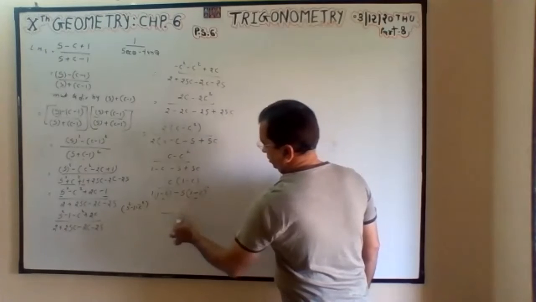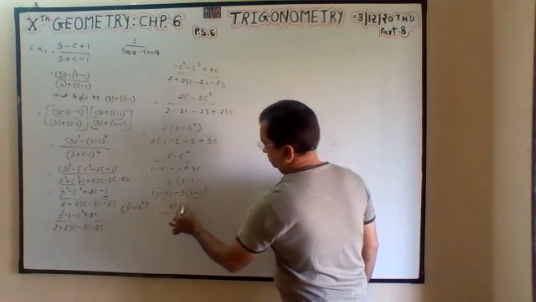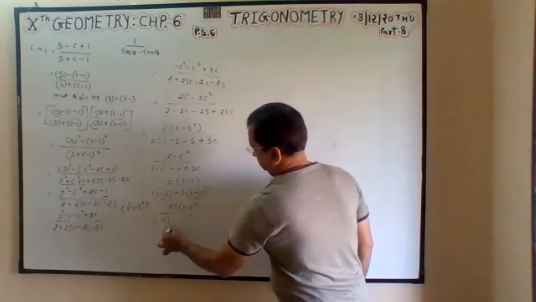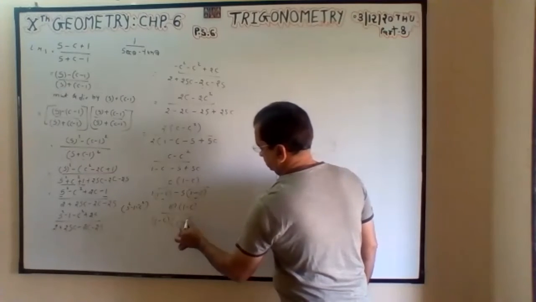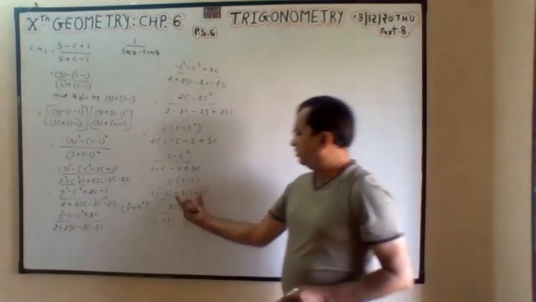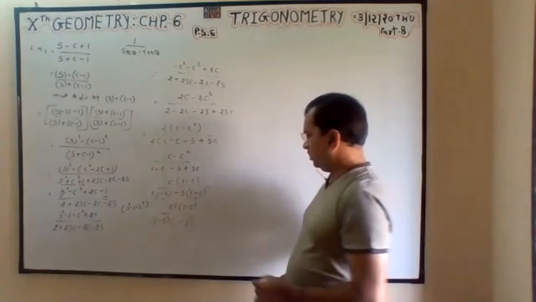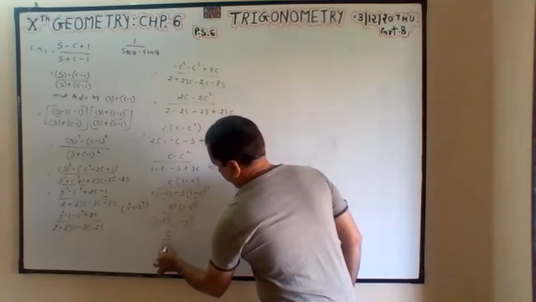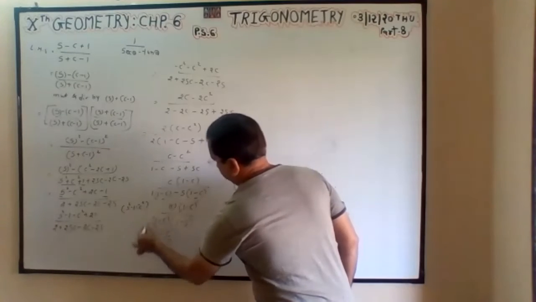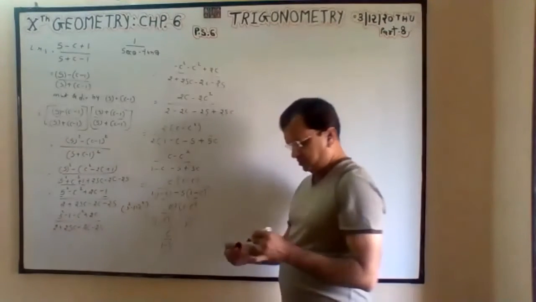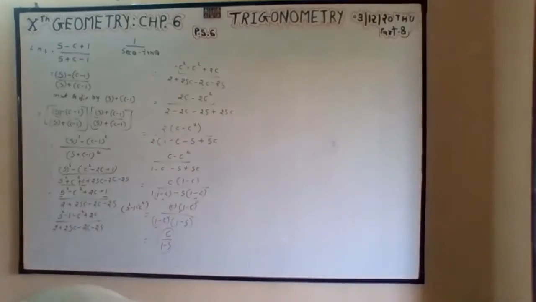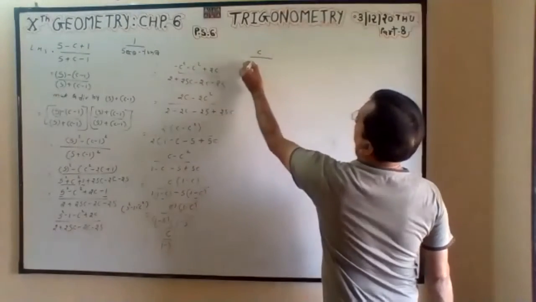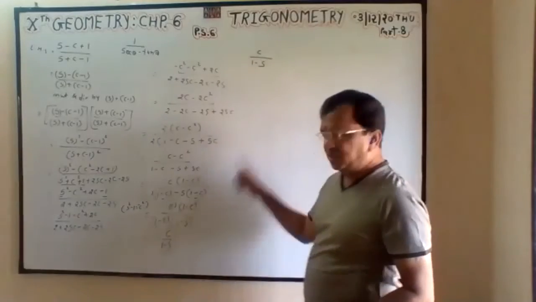Now this and this again common. Correct? Common of common. So this will cancel, c, 1 by s. Next, c, 1 minus s that we got.